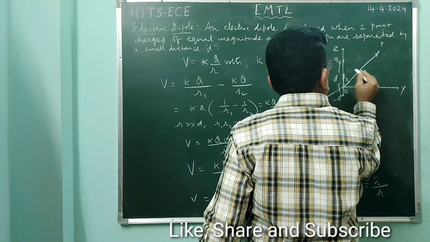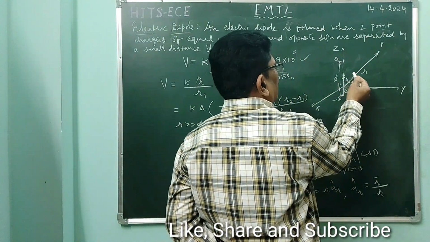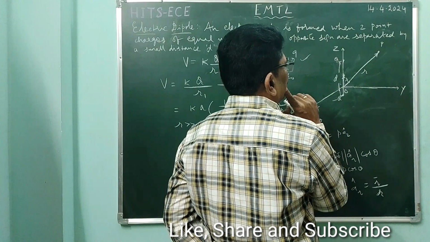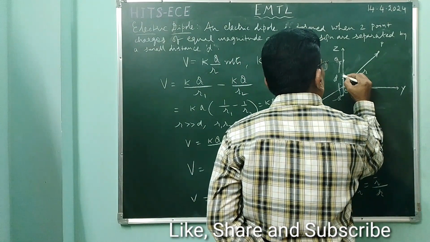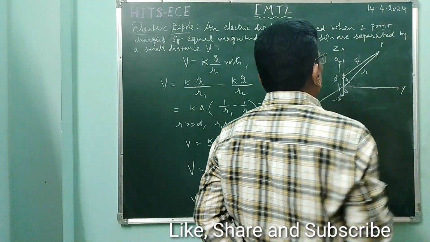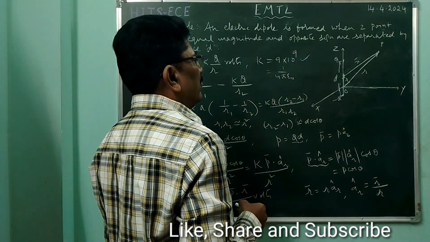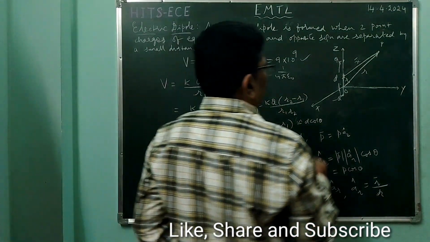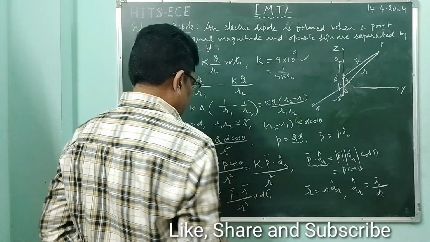Let us find out the position vector from the center to P. Let it be vector X. We should find out X now and substitute it in place of R in this equation.